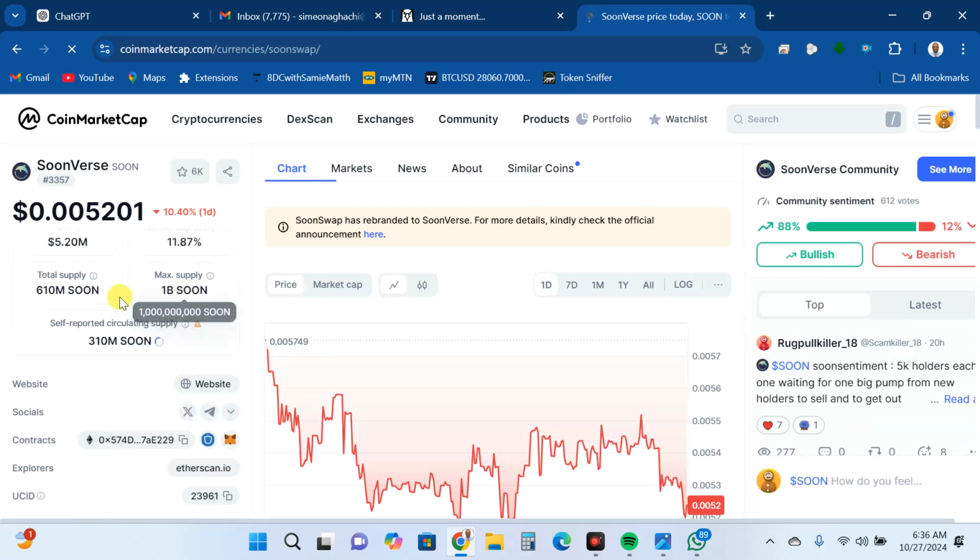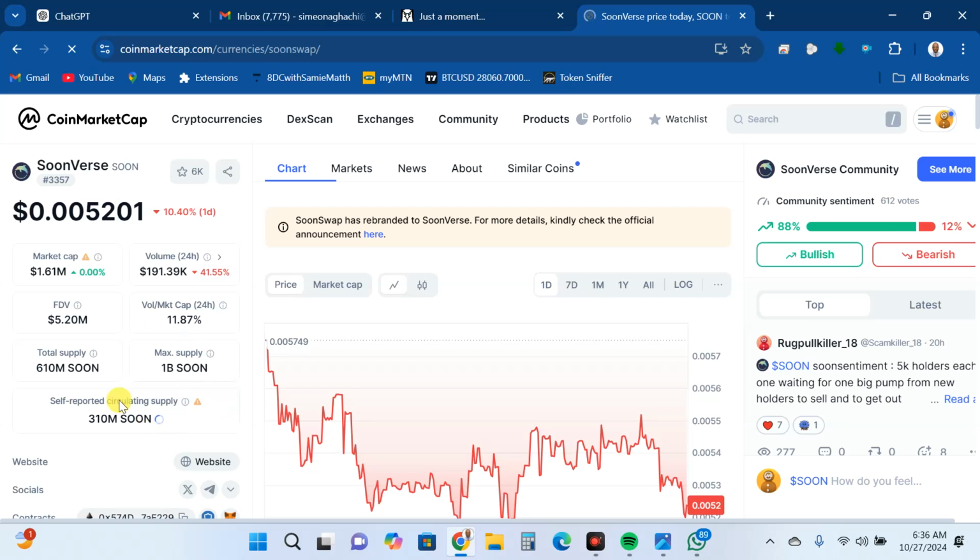Looking at Sunverse, there is something you can actually see here. We have total supply and max supply showing. Can you see that? Now you have circulating supply showing, and the three of them are not looking the same. I'm going to explain this to you.